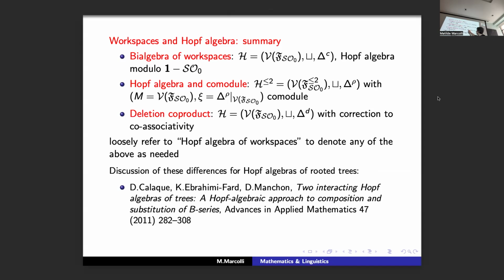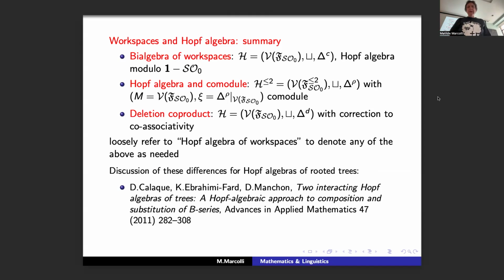And if you do this deletion coproduct, then it has this correction to the co-associativity. It's sort of not a quasi-Hopf algebra, but something like that. Okay, so I'm just going to talk about the Hopf algebra of workspaces, and essentially what I mean by that is this whole package of these different related structures.